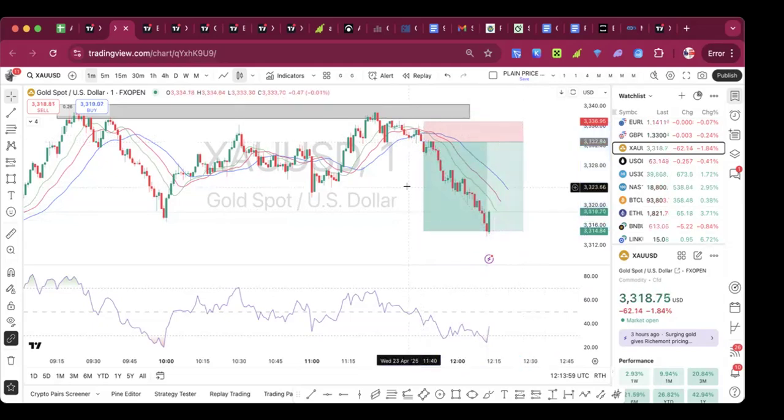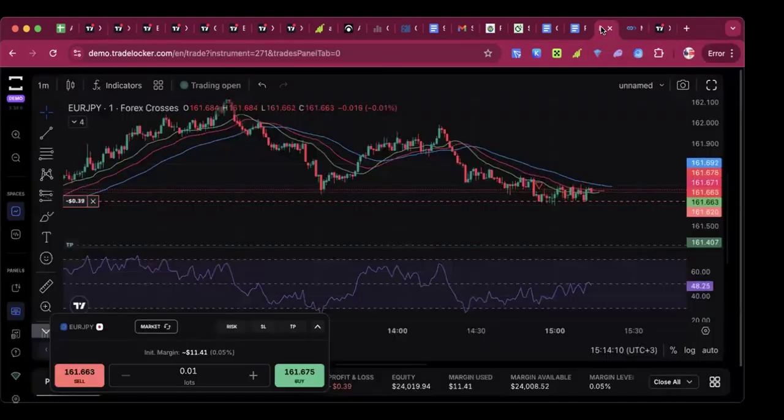Now, sometimes another good thing is that if you understand the trend the market is following, you'll see that the market tends to paint more volume towards that side. This one is still struggling, jumping up and all of that. So using this, you have to be very strategic and know what you're doing.